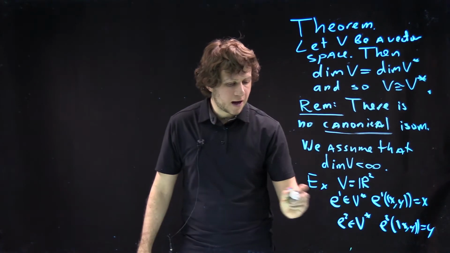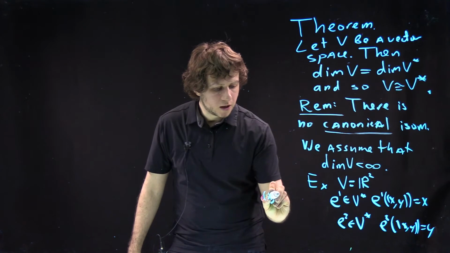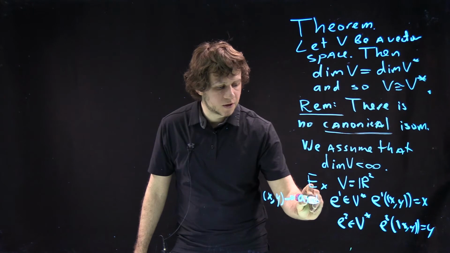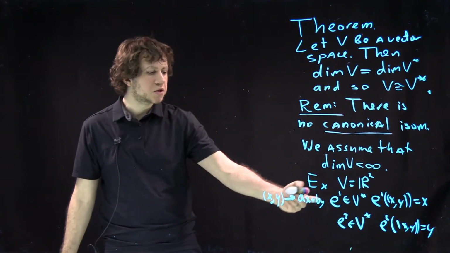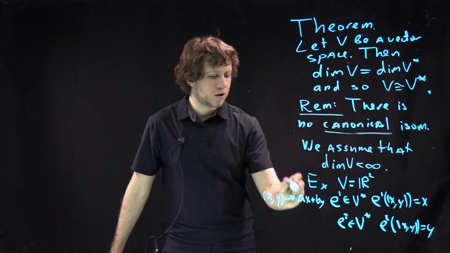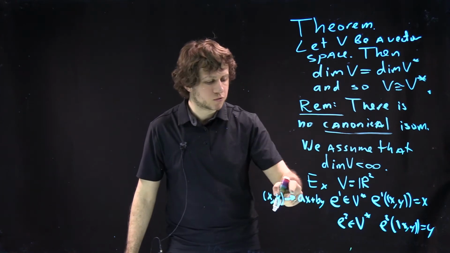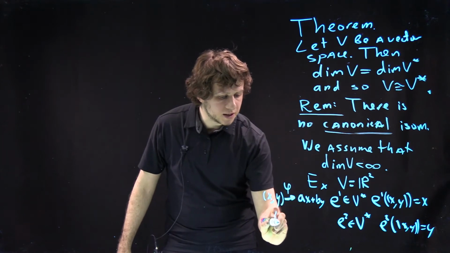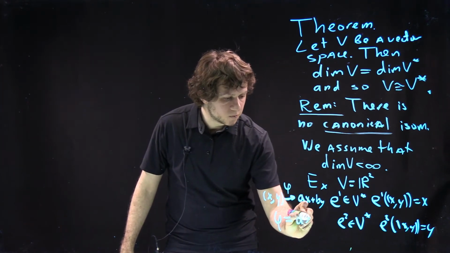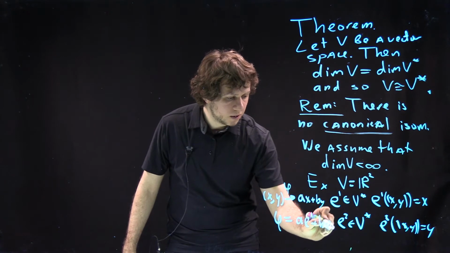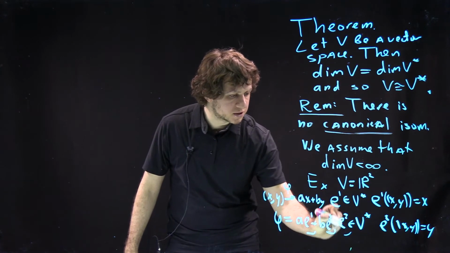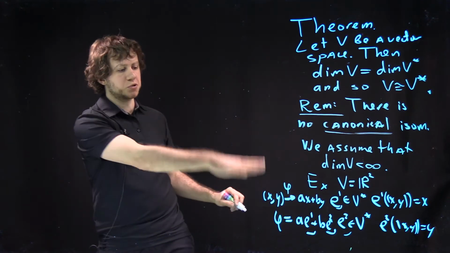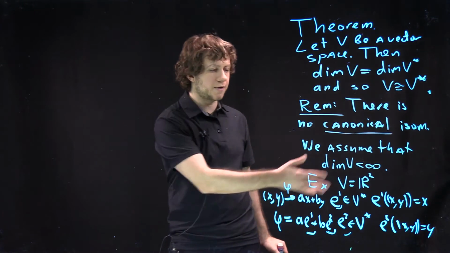Then absolutely any map from (x, y) to R, which will be just (x, y) goes to ax plus by, as we know from matrix theory, we just need to write down a matrix which has one row and two columns. And then, of course, this map phi equals a e1 plus b e2, and these two maps form a basis of V star. Our proof will just use this idea. So think about it for 1 minute.